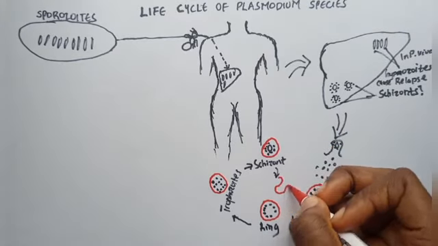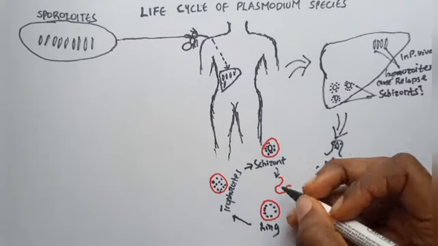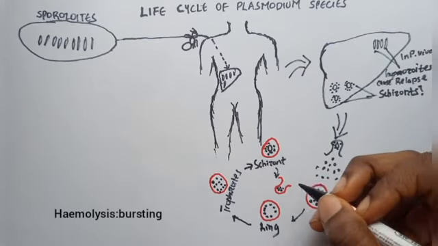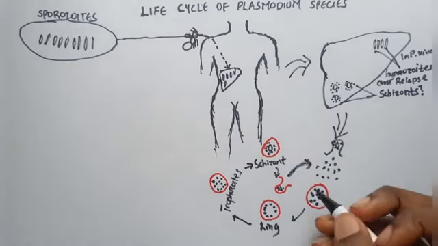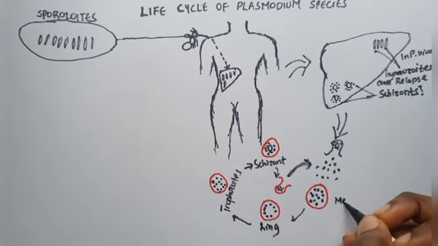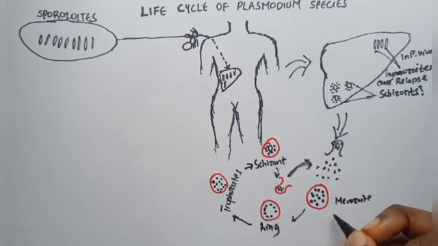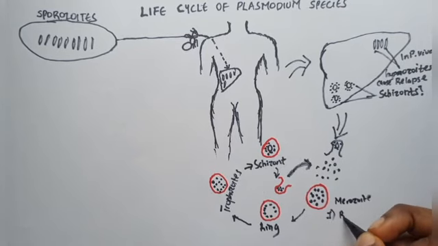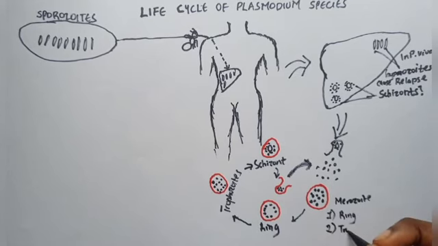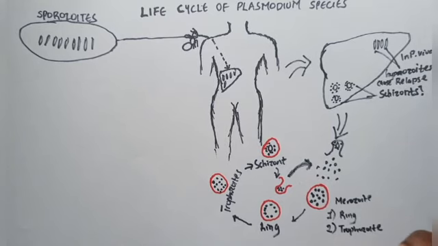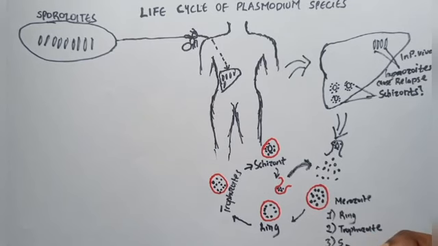These schizonts rupture to release those new merozoites into the blood, causing hemolysis of red blood cells in the process. The new merozoites then go to infect other red blood cells. On entry, they undergo the same stages. They form a ring-like structure, then they multiply and are called trophozoites, and then they form a heap of merozoites, and then these schizonts rupture to release new merozoites into the blood.